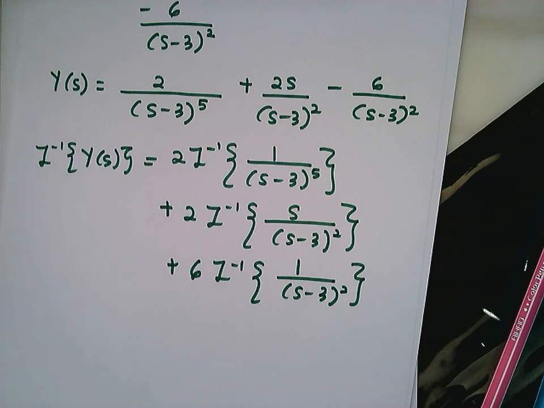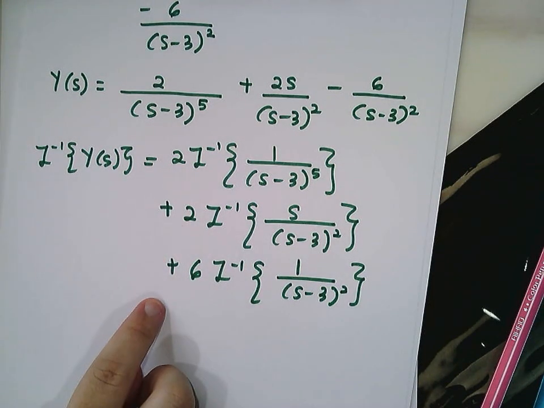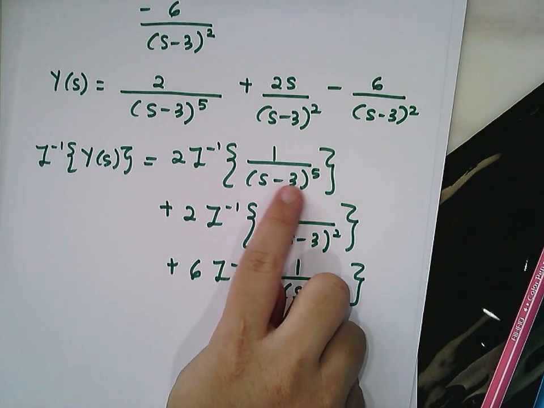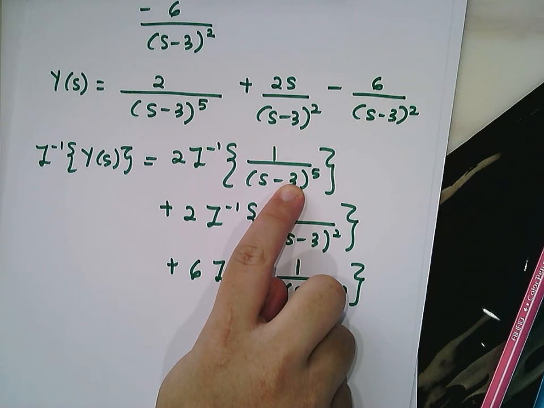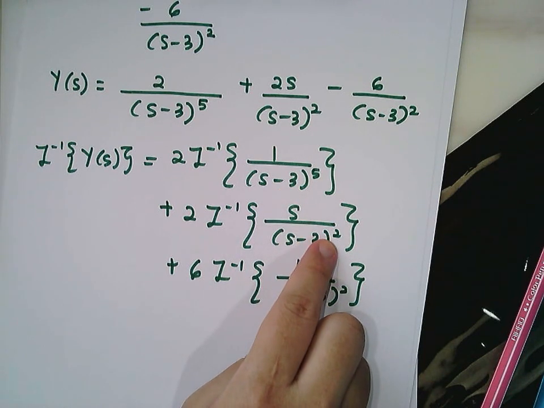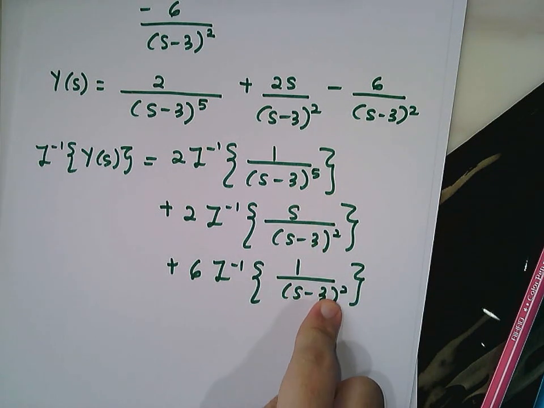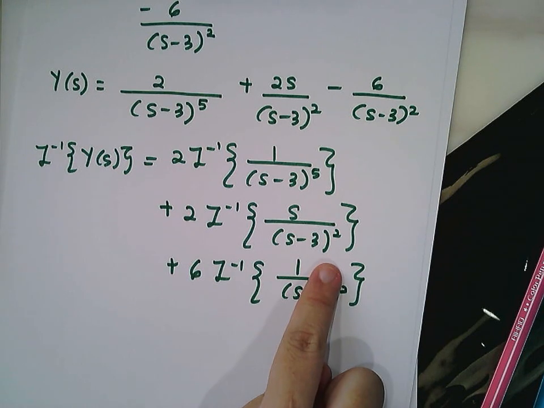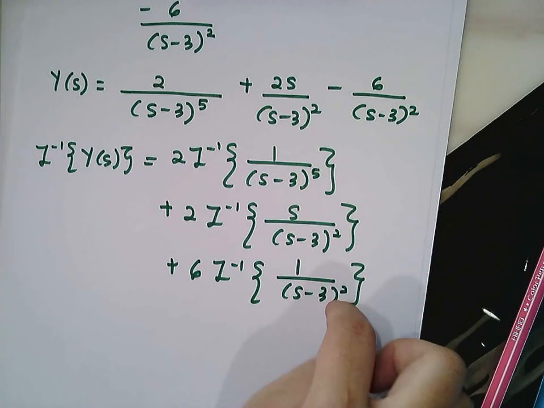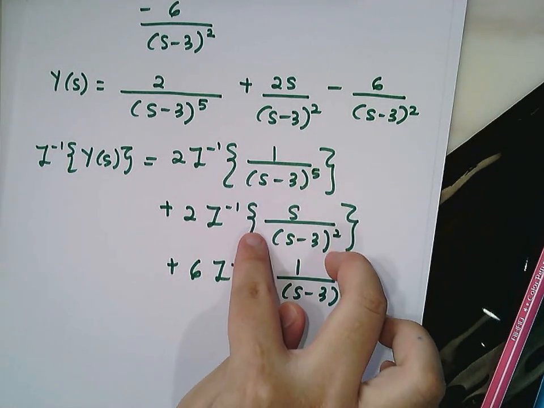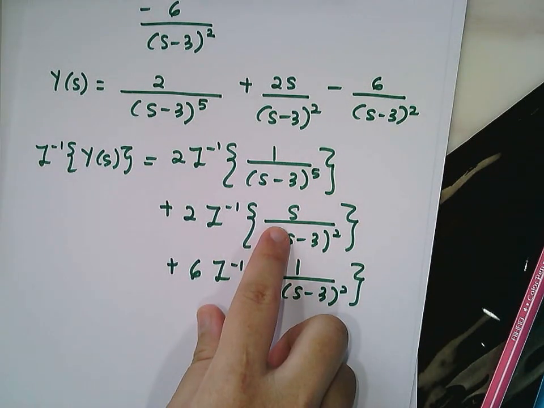Basically you can get the inverse by using first shift properties, because you have an s minus a term here, so this is the first case. This one is s minus a and you have s here, so this is the second case. This one is s minus a again with the power of n equals 2, so this is the first case. So you need three first shift properties. Try to solve this one separately and combine the answer.